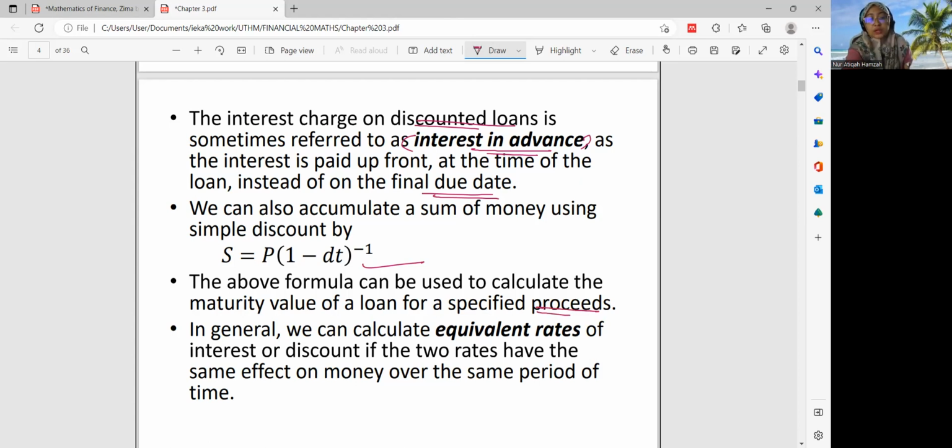In general, we can calculate equivalent rates of interest or discount if the two rates have the same effect on money over the same period of time. Here we can also find equivalent rates of interest or discount over the same period of time.